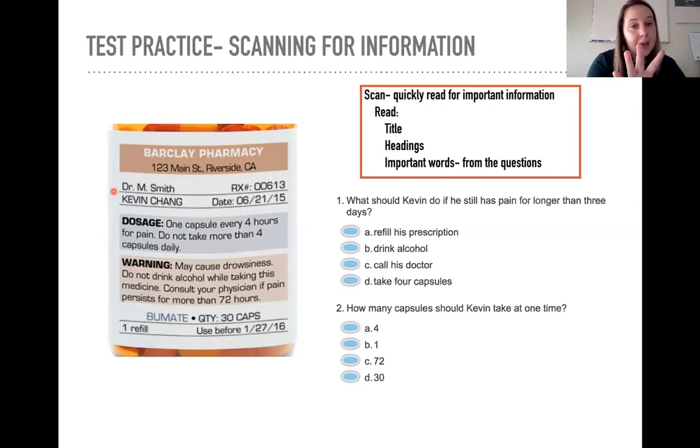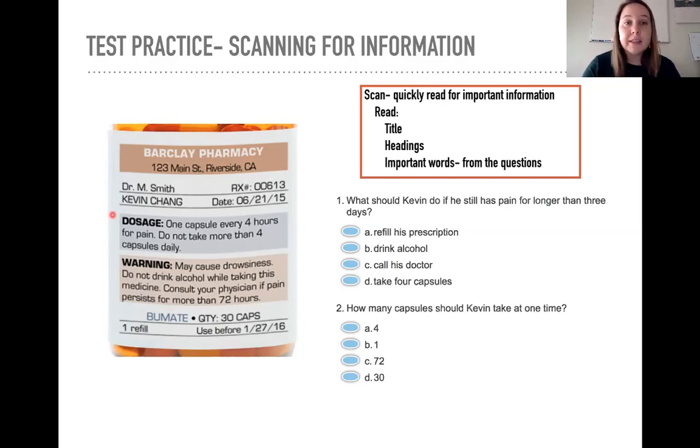As you look at it, you can get an idea for where information is. This is the information about the pharmacy. This is the information about dosage, or how much medicine to take. And this is a warning. A warning is talking about something you should look out for, something bad that could happen.